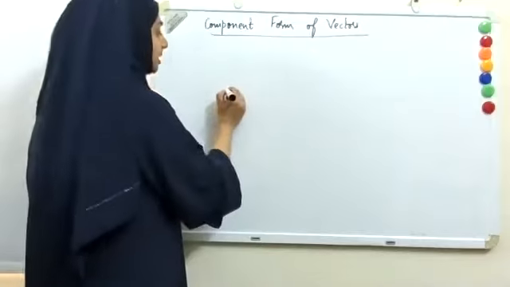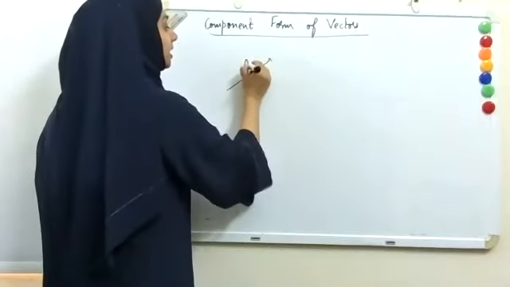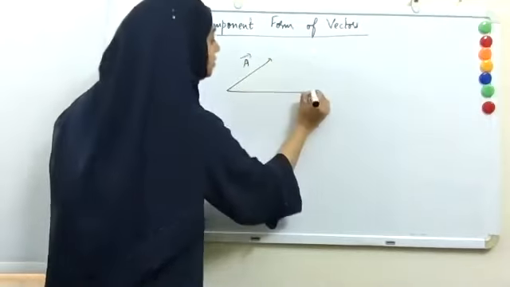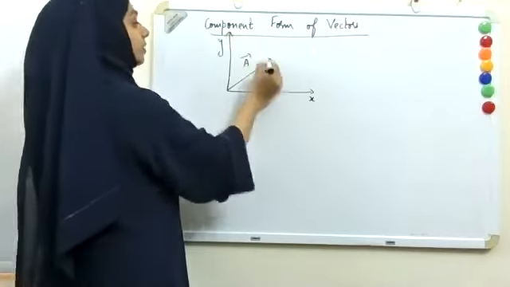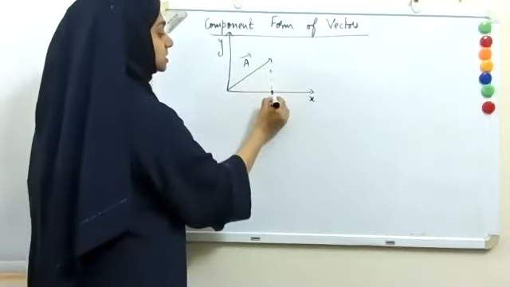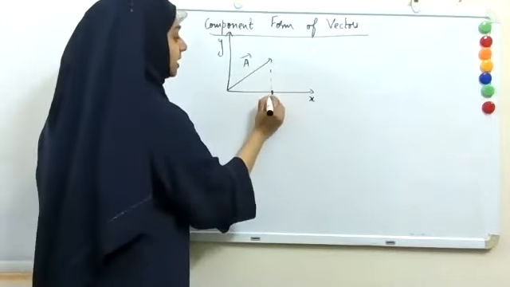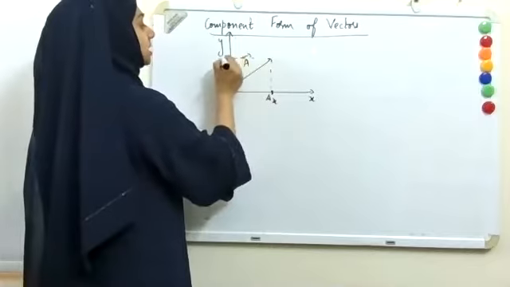Suppose you have a vector A which is resolved along the x-axis and y-axis. Suppose this distance is ax, and this distance is ay.